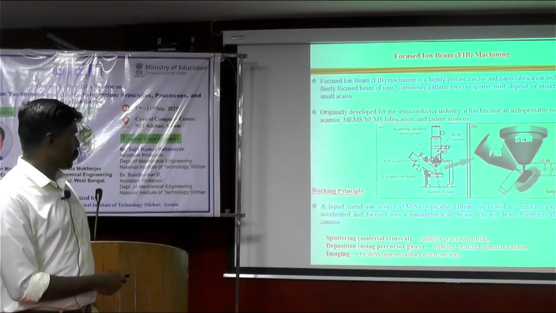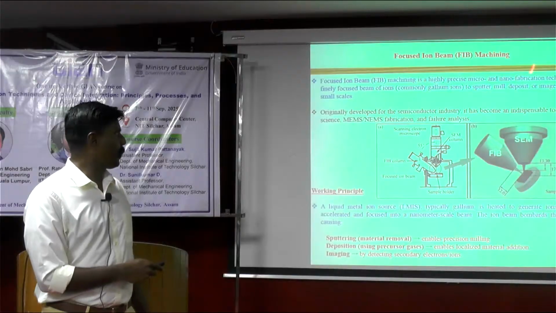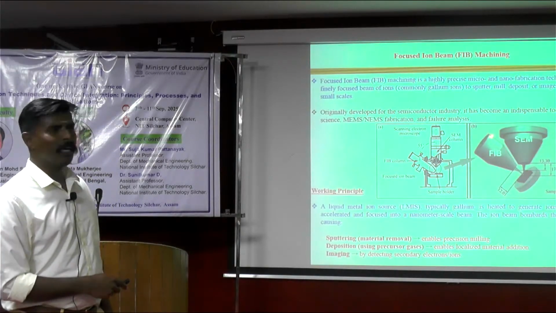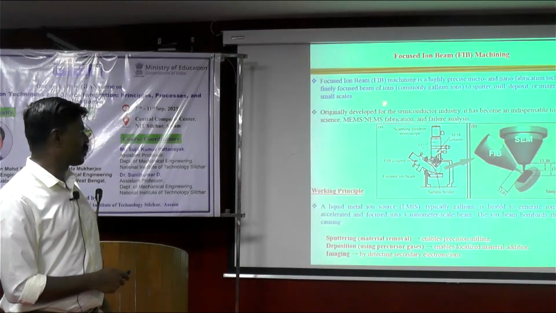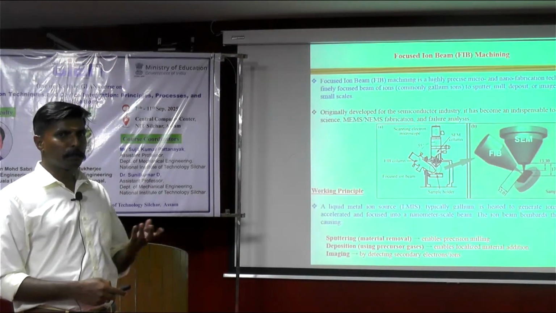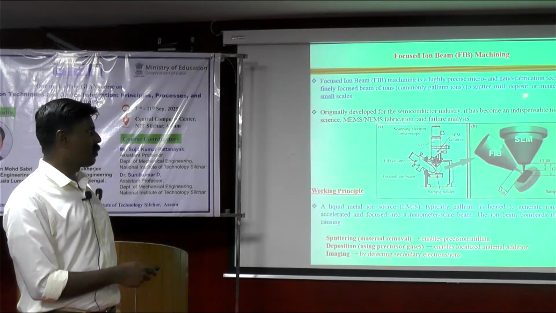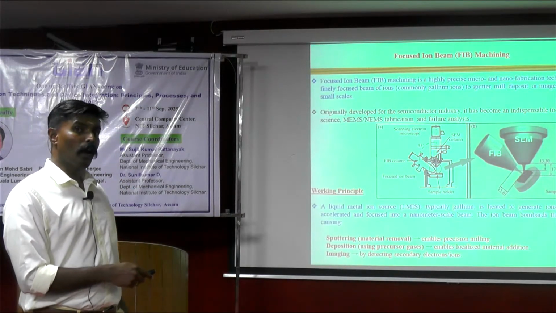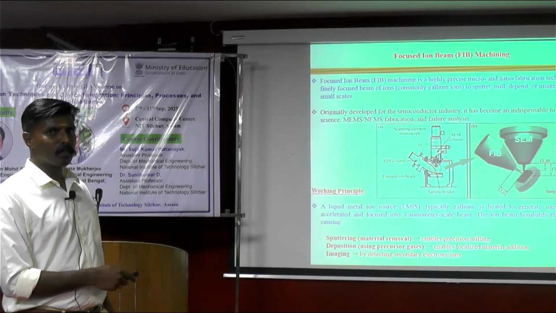Here I would like to introduce what FIB is. FIB machining is a highly precise macro and nano fabrication technique that uses a finely focused beam of ions for sputtering action. Sputtering means removal of material at the micron level. Sputtering, then milling, which can also help to deposit at a smaller scale. That is called FIB.